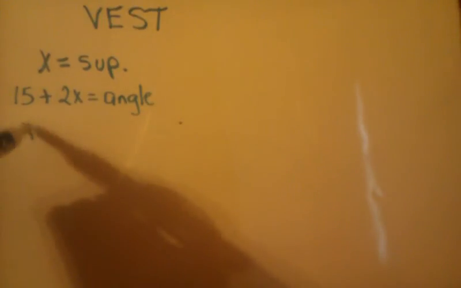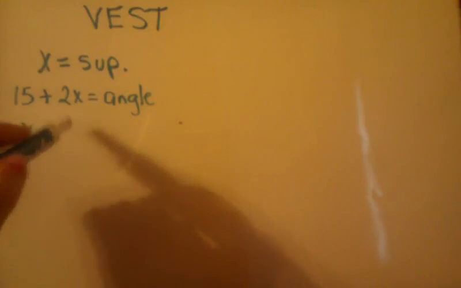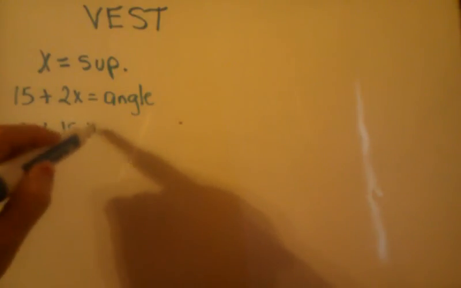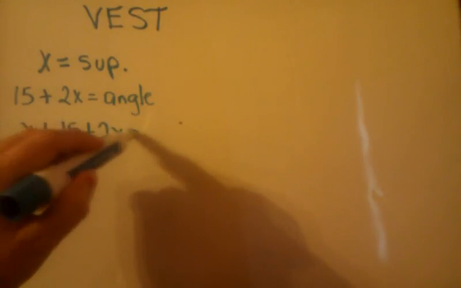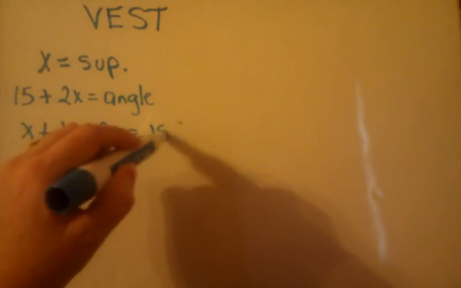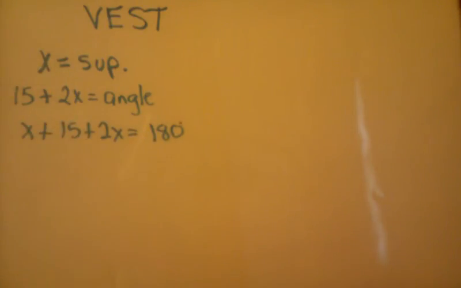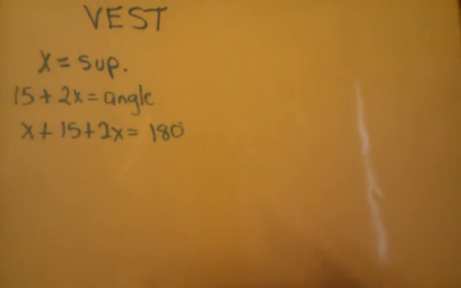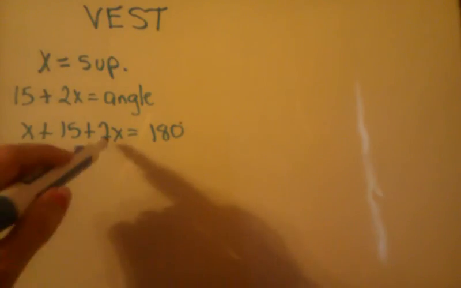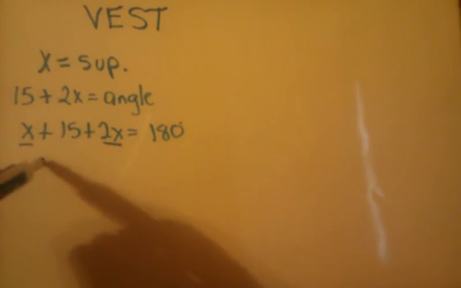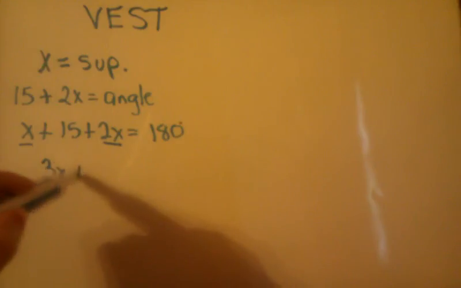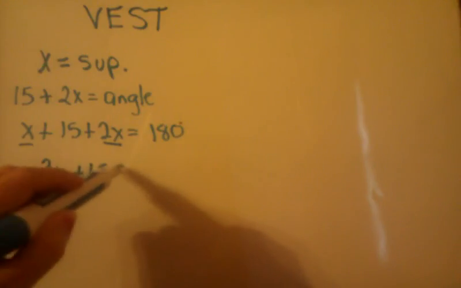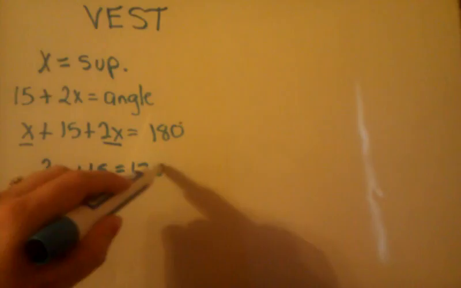Supplement means if I add them together, x plus this angle, 15 plus 2x, they have to equal 180 degrees. Now that I have my equation, I identified my variables, I wrote my equation. Now I need to solve it. Like terms are x and 2x. X plus 2x is 3x. Plus 15 equals 180.